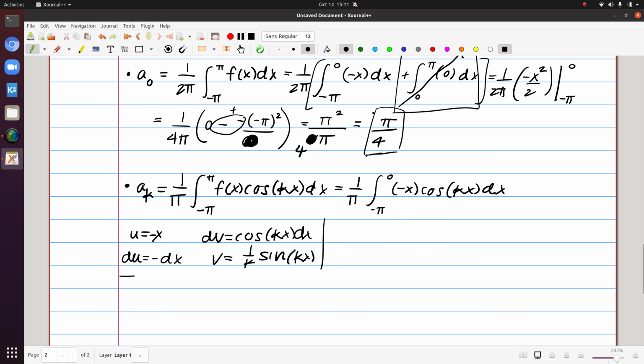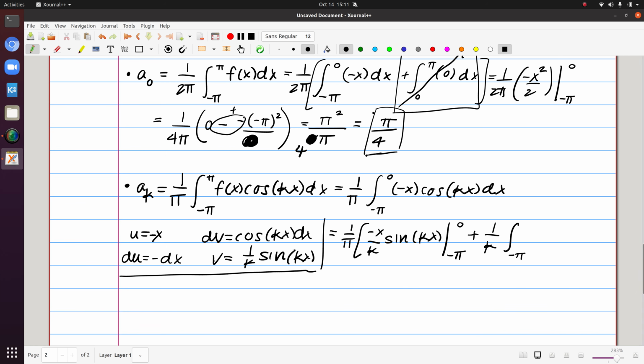So that's going to allow me to rewrite this now as 1 over pi, and we have negative x over k sine kx. We're evaluating that from minus pi to 0. And then minus a negative, so plus 1 over k integral from minus pi to 0 of sine kx.